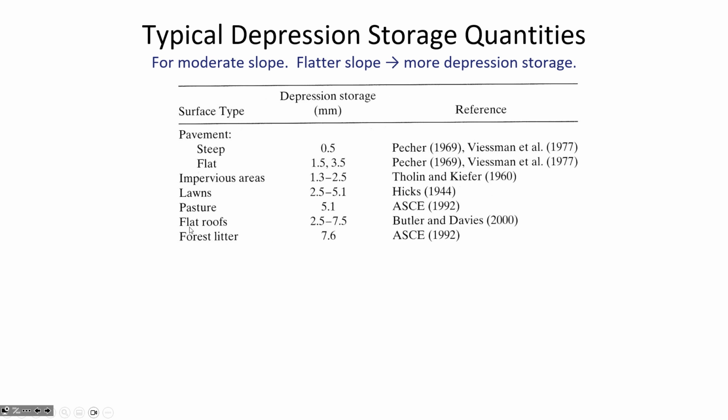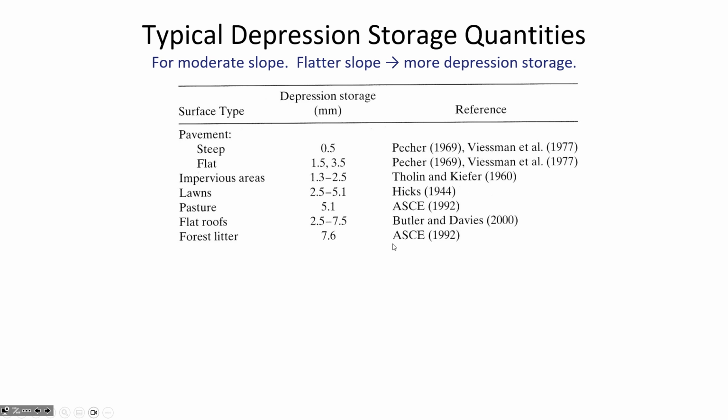And forest litter is what you have after multiple seasons of trees that have leaves falling down and twigs that are breaking off. If you walk around in the woods, you'll notice that it's not just dirt that is on the ground. It's mostly leaves and organic material. And there's quite a bit of storage in that forest litter because as organic material, it has lots of layers to it, and it slows down the movement of water considerably.